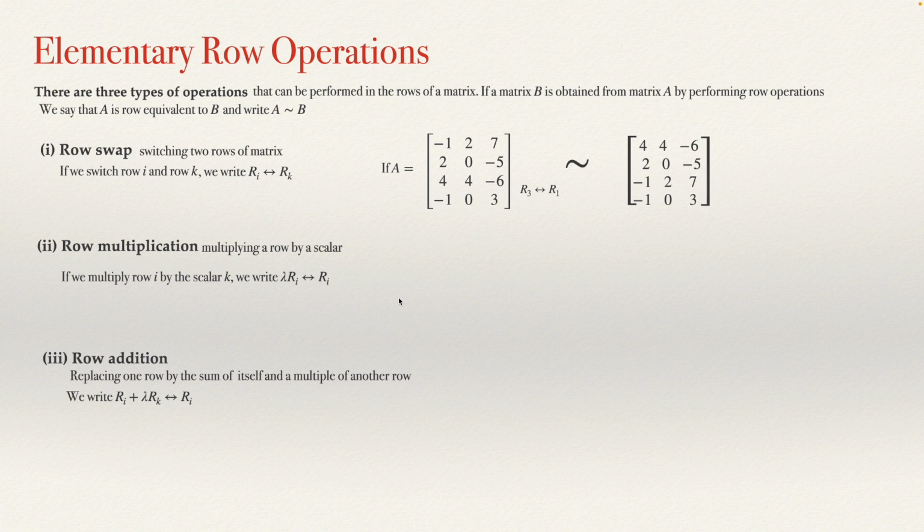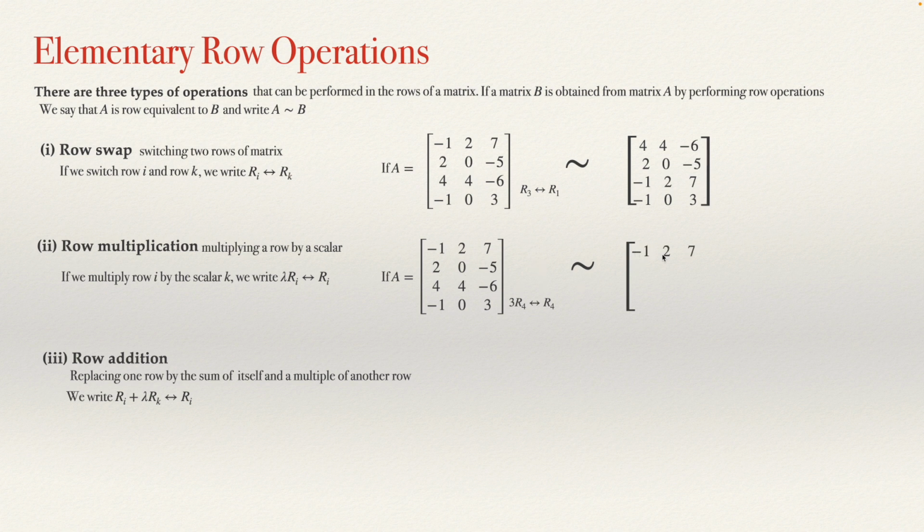An example of row multiplication could be something like this. We have the same matrix, and assume that beside the matrix we see 3R4 is going to substitute R4. So it means that R4 will be substituted by the same row multiplied by 3. So the answer will be a matrix in which the other rows remain the same.